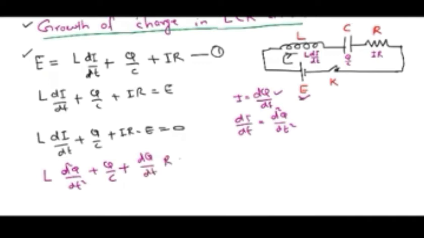Dividing the equation by L, we get d square Q by dt square plus R by L dQ by dt plus Q by LC minus E by L is equal to 0.